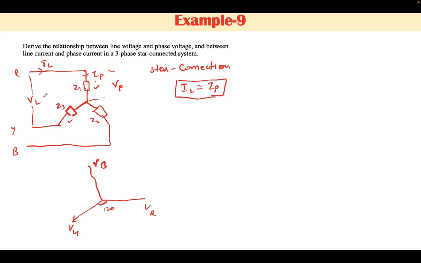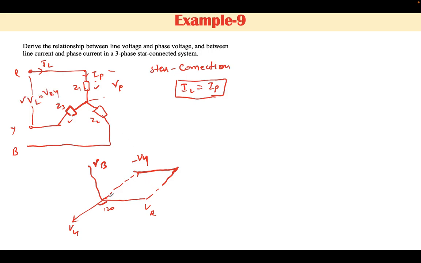The potential between these two points R and Y is the potential difference of these two voltages, and hence the Y phase is reversed. Reversing this Y phase, it will be minus Vy. The phasor sum of Vr and minus Vy will be nothing but the voltage VL, also known as Vry.